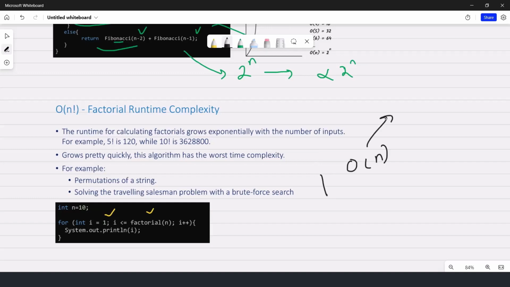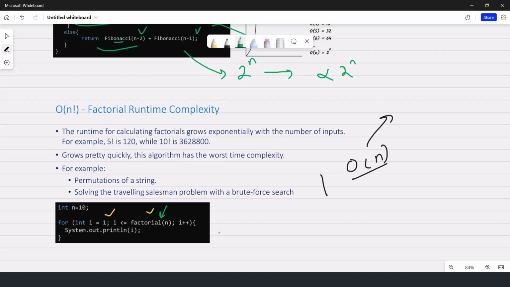It requires n iterations to calculate the factorial. So the loop iterates from 1 to factorial of n.